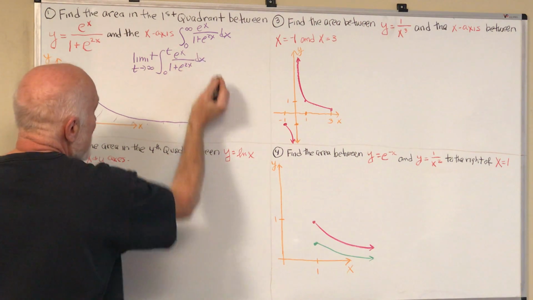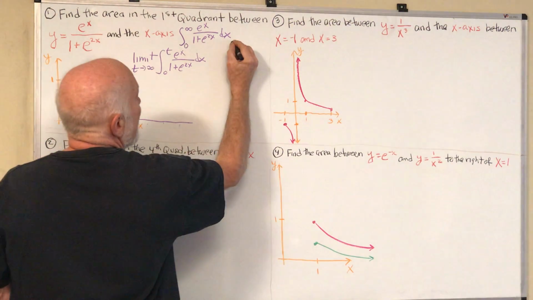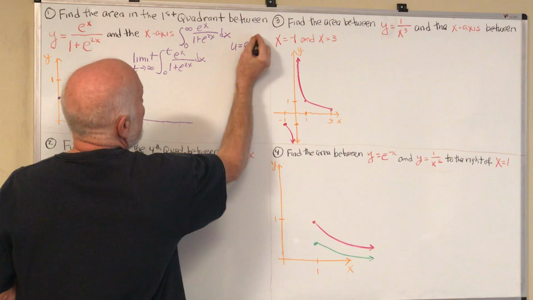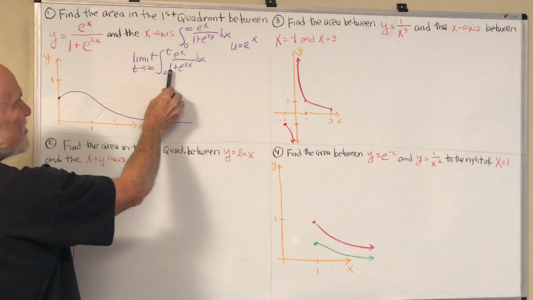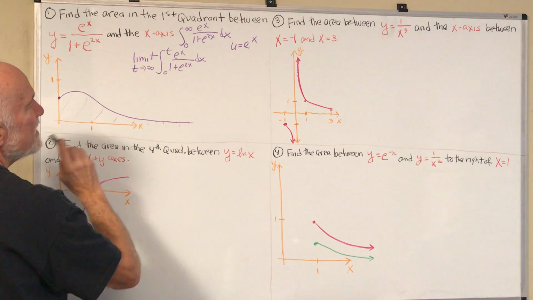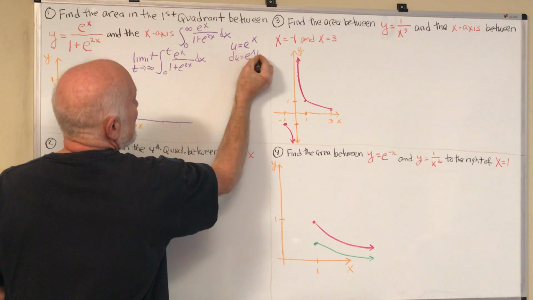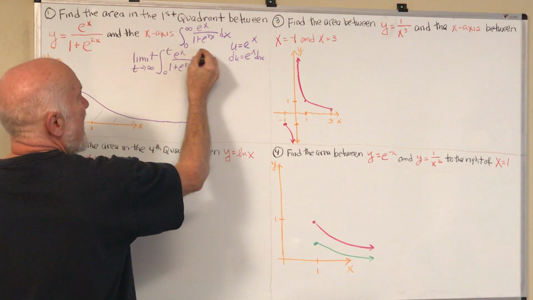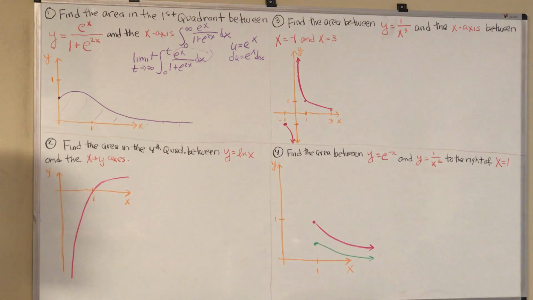Now we still have to be able to take integrals. So if you really think about it, if you let u be e to the x, what I have here is 1 plus u squared. And du is e to the x dx. So what we have is du over 1 plus u squared. Well, that's the form of the inverse tangent.